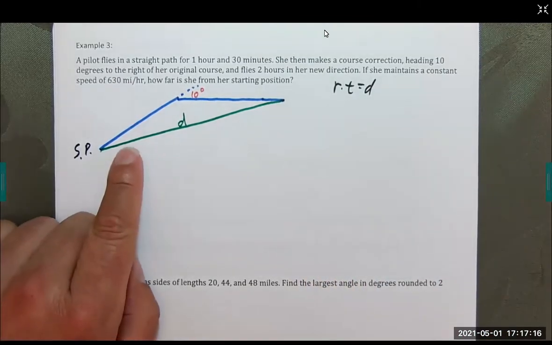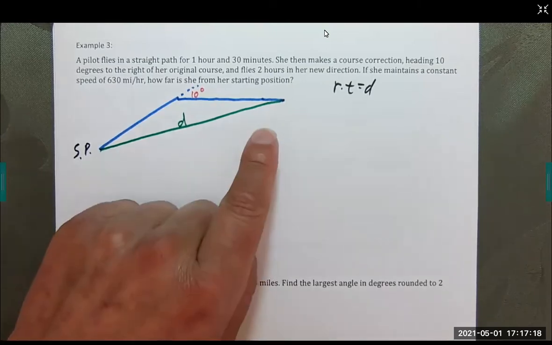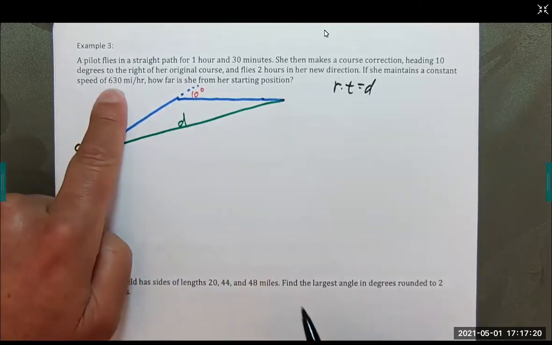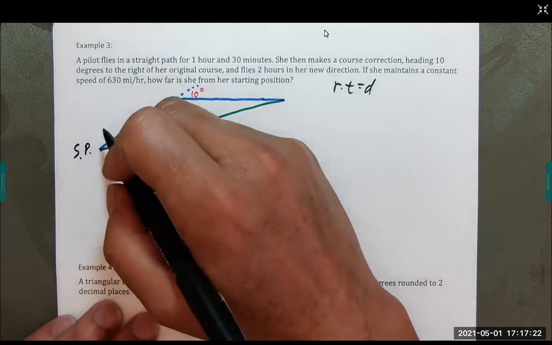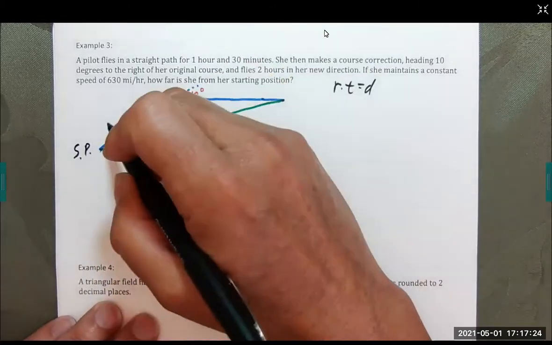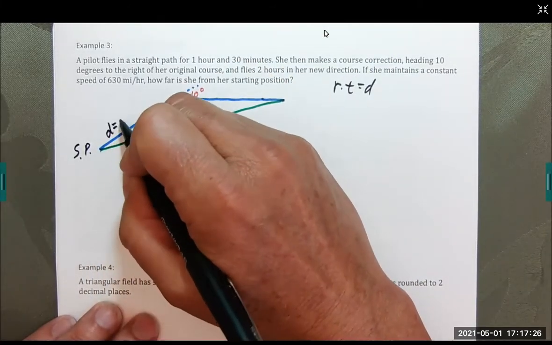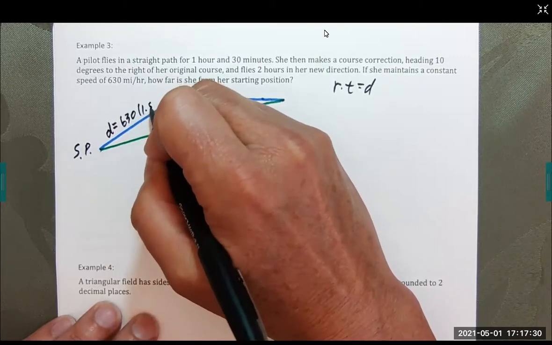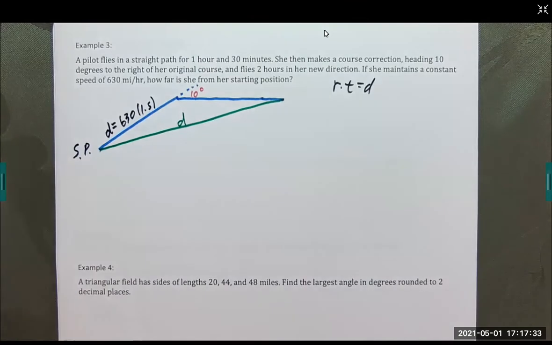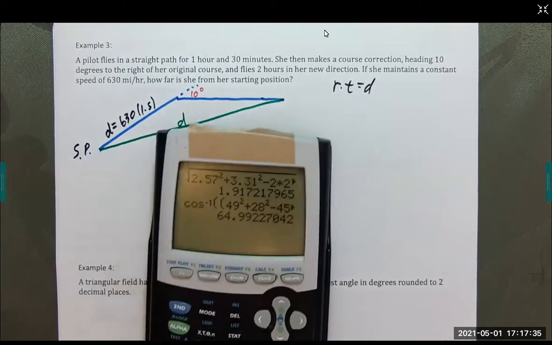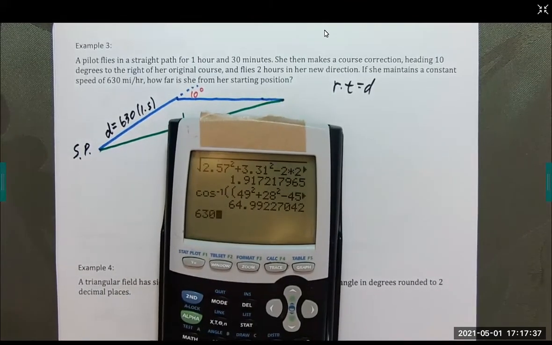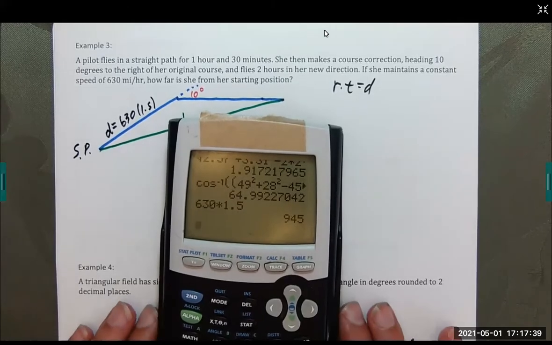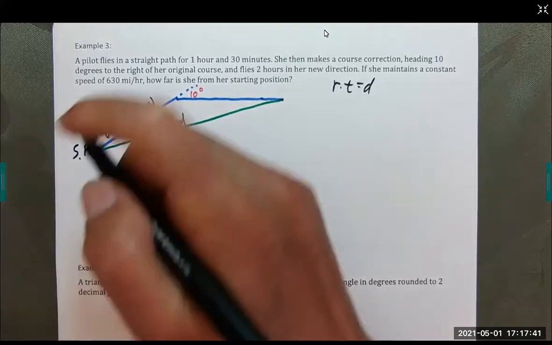Rate times time is distance. So if this one is for an hour and a half, and she's cruising at 630 miles per hour, then this distance is going to be 630 times 1.5 hours. So 630 times 1.5, 945 miles.